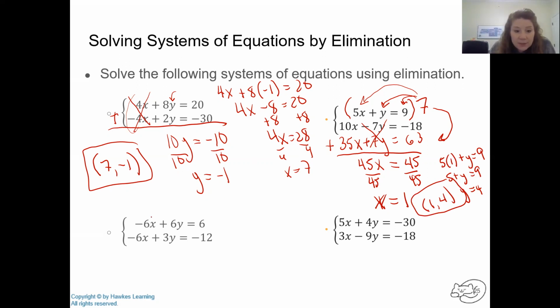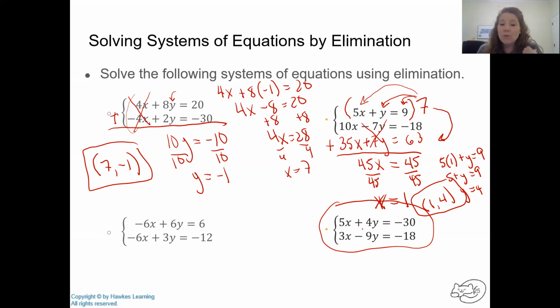All right, look at this one over here. I'm not going to solve that one right here. I'll save this for later as well. So come to class tonight and I can tell you the answer. Go ahead and try that one by itself. I would go ahead and multiply. Since the y's are already opposite signs, I would try to make the y's the same number.